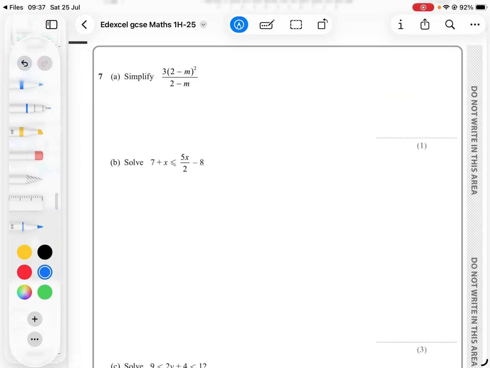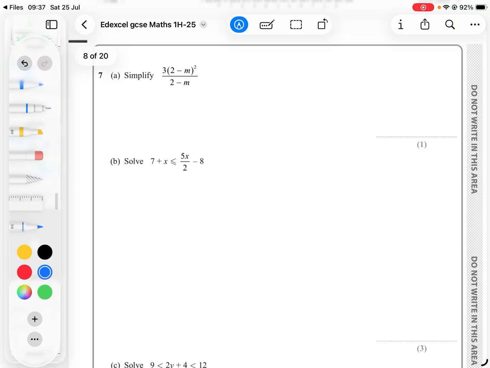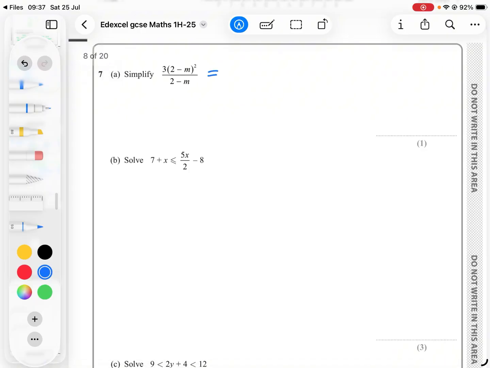Hi, I'm going to walk through question 7. Simplify 3 times (2 take away m) squared, divided by 2 minus m. This can be written as 3 times 2 minus m whole thing squared. Because of the power 2, you need to repeat the base 2 times.